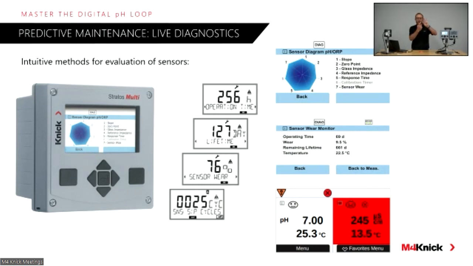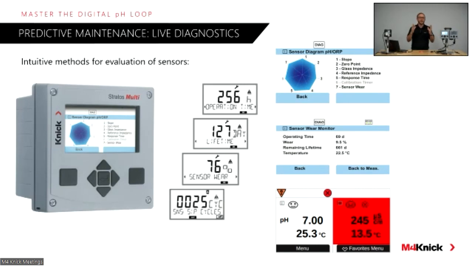And again, we're storing those parameters, that data, in the head of the sensor, and we're plugging them into algorithms that go into intuitive diagrams like this sensor network diagram to visually give you an indication of what you need to attend to with the sensor, or whether you need to replace the sensor because it has an extreme amount of wear.